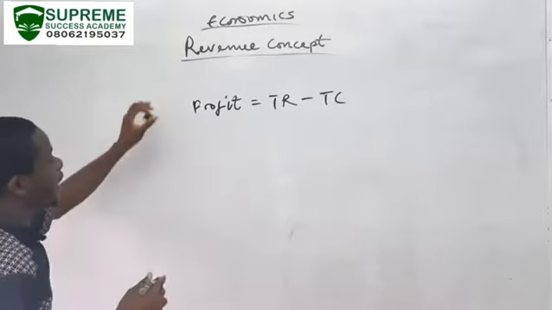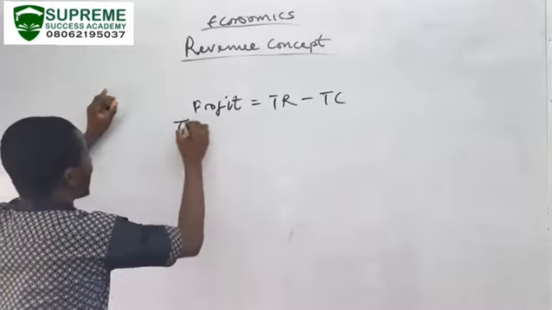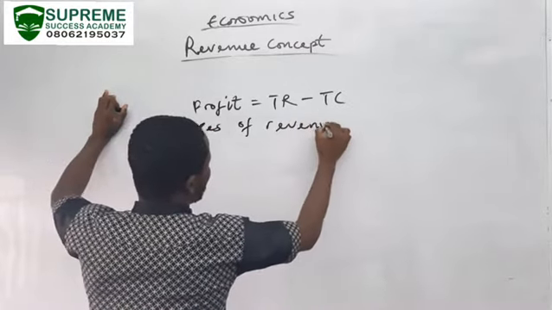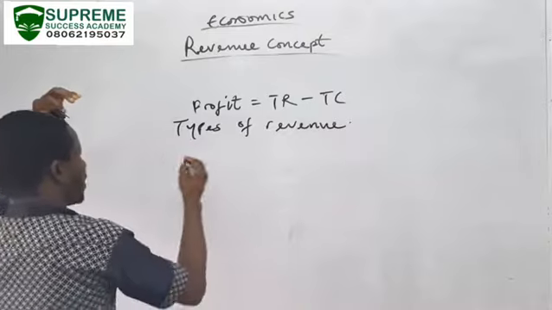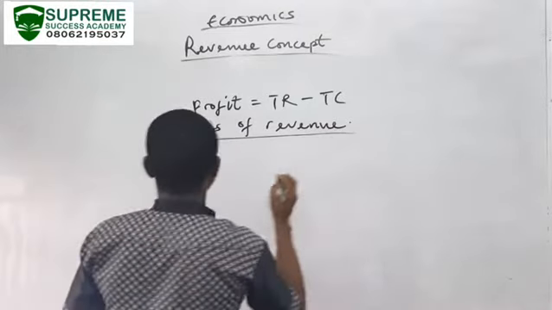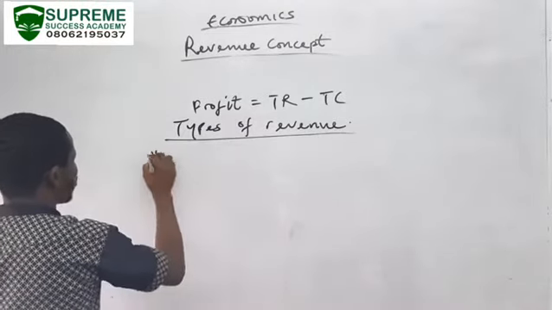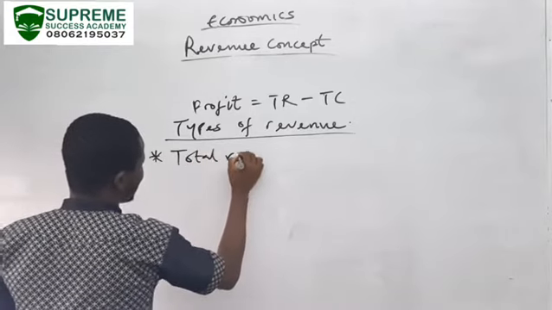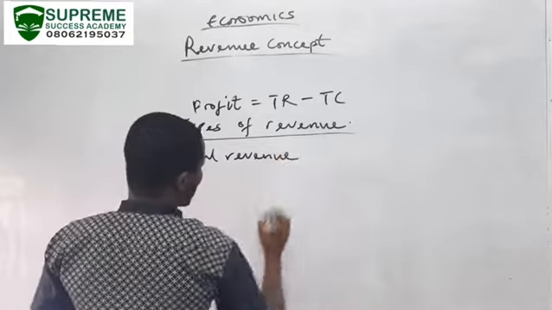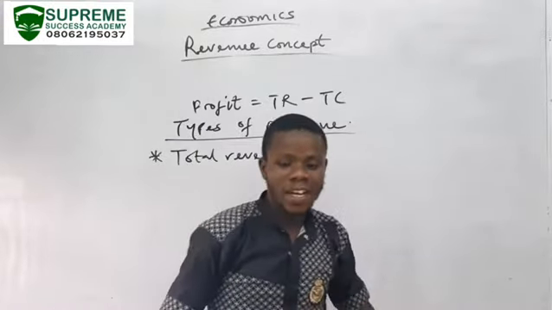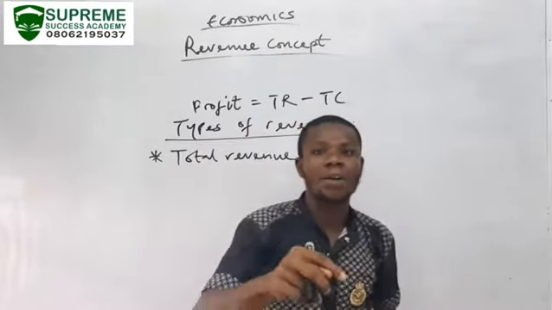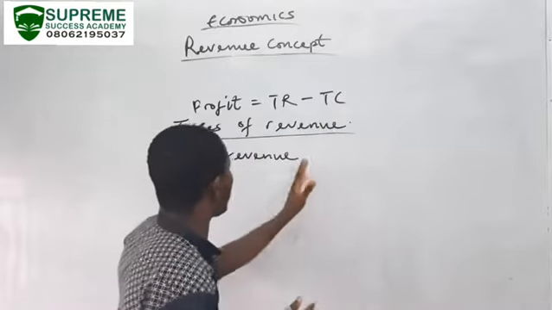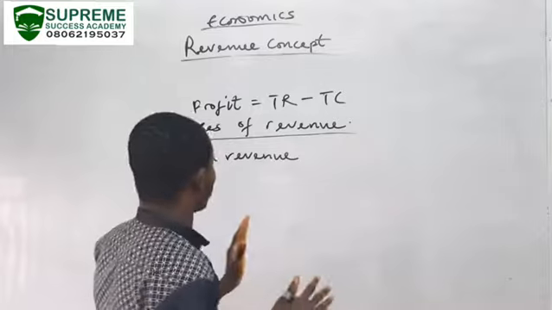So, the types of revenue. I'm going to discuss just 3 types of revenue. The first one is total revenue. Total revenue has to do with the total amount of money, or the total money income, that a firm generates from the sale of its products.